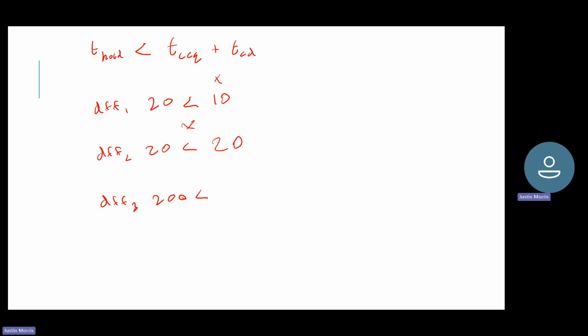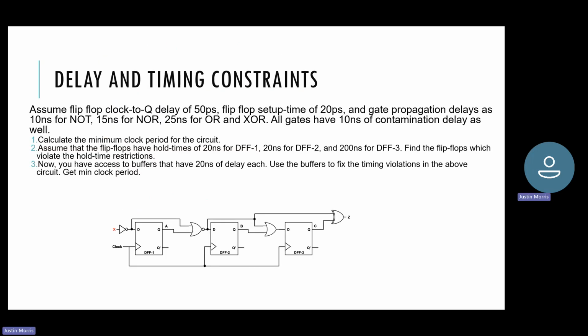And then we have D flip-flop 3. Our shortest path is from flip-flop 2 to flip-flop 3. If we go from A or X, it would be 1, 2, 3 gates, but if we just go from the output here, it's 1, 2.